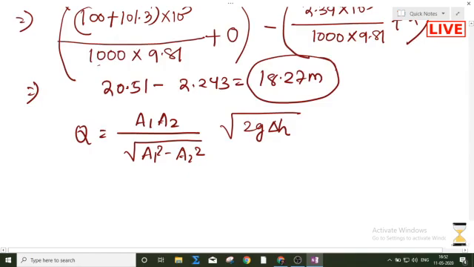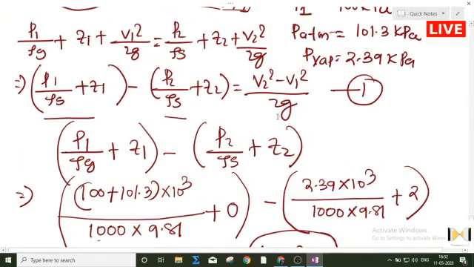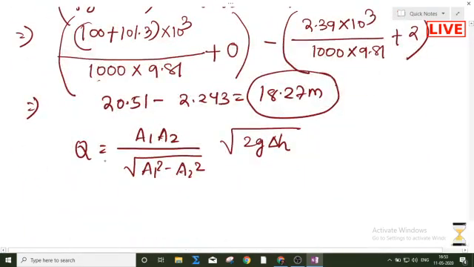Here we can find out b2 square minus b1 square by 2g, which will be this one. So directly we can use delta h, which is nothing but del p by rho g only. We already found out this del p.